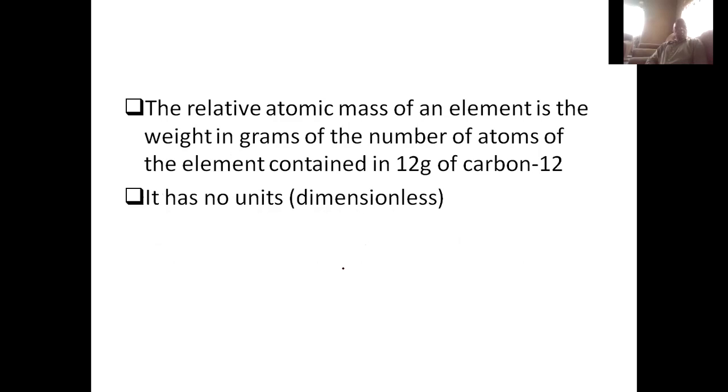And so here we are going to say again, the relative atomic mass of an element is the weight in grams of the number of atoms of the element contained in 12 grams of carbon 12.